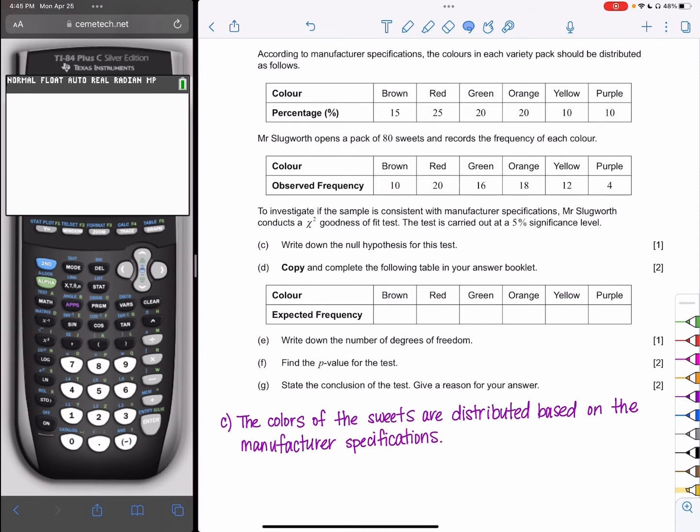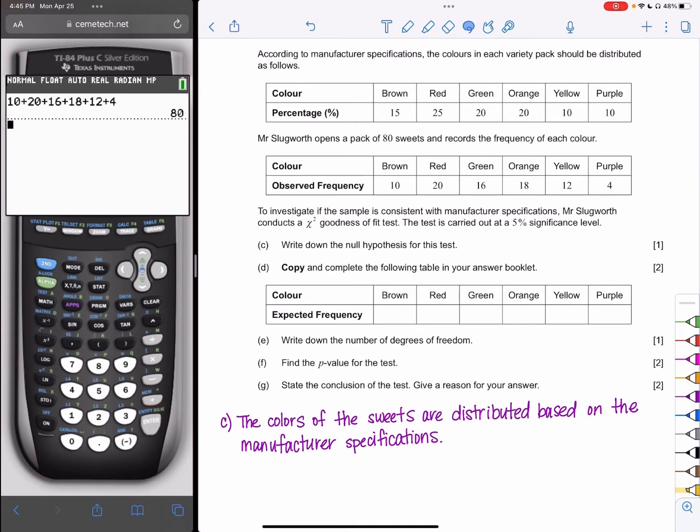All right. So D, they want us to copy and complete the following table in the answer booklet. So they want us to figure out the expected frequencies. In order to find the expected frequencies, we are going to need to figure out the total amount of the observed. So we have to add 10 plus 20 plus 16 plus 18 plus 12 plus 4.